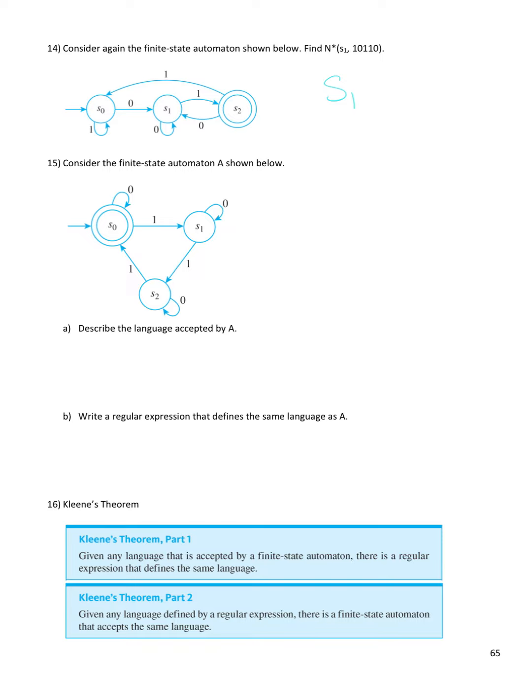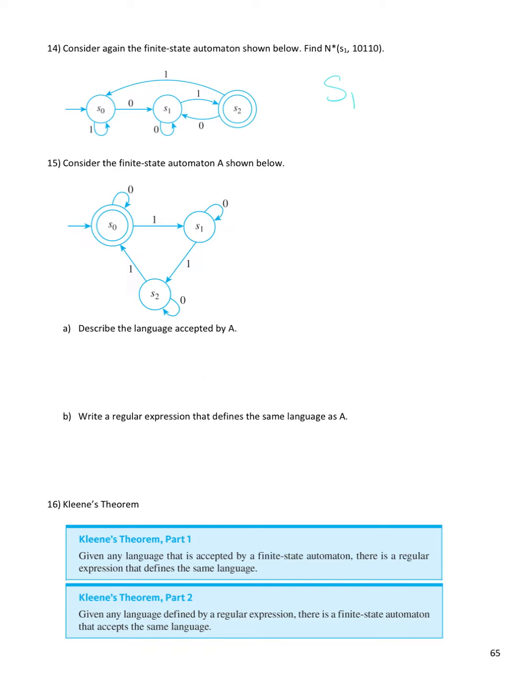So because the zeros in this particular automaton don't make much of a difference, I can have as many as I want at any point in the string. What really matters is that the number of 1s is divisible by 3.